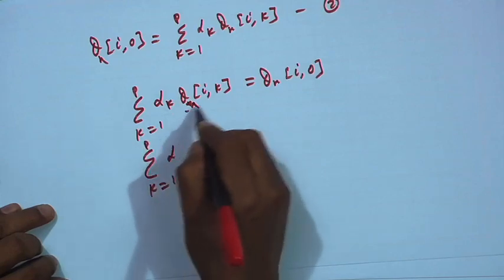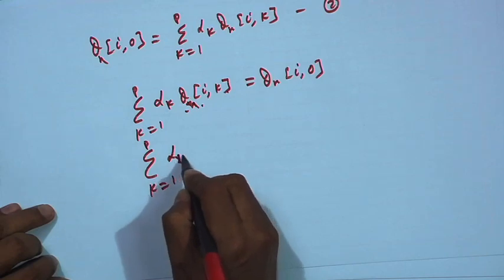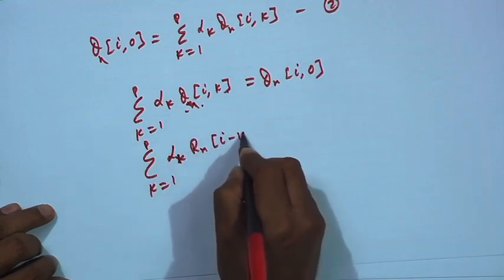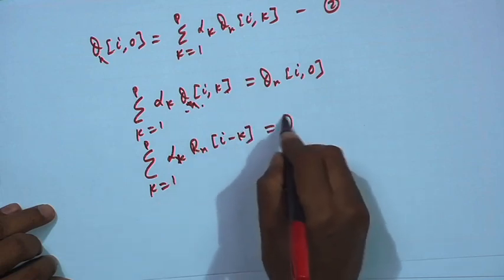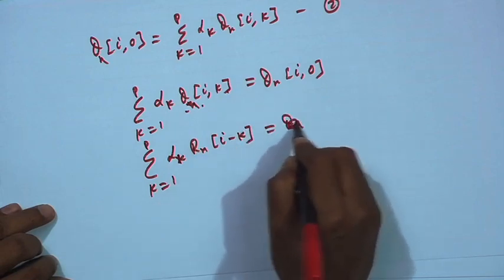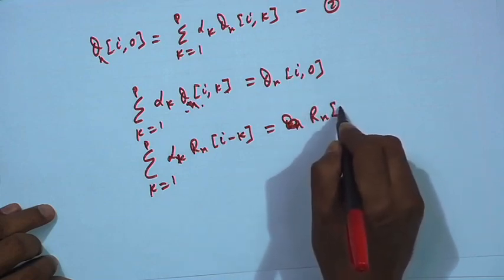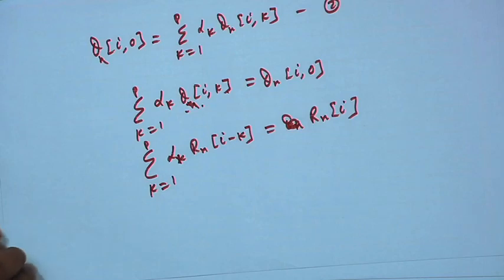Instead of phi_n(i, k), I can write R_n(i minus k), so R_n(i minus k) is equal to R_n(i).